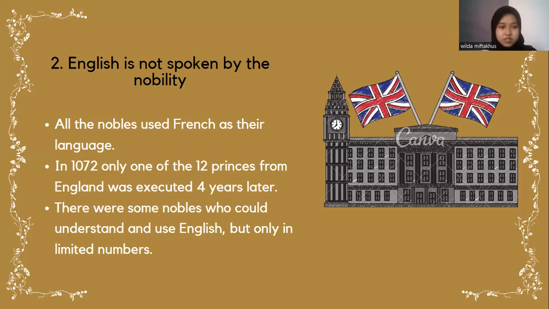In 1072, only one of the 12 princes from England was executed 4 years later, and this shows that no one used English at the palace. And there were some nobles who could understand and use English, but only in limited numbers, such as Henry II. He could understand English, but he was unable to use and pronounce it.